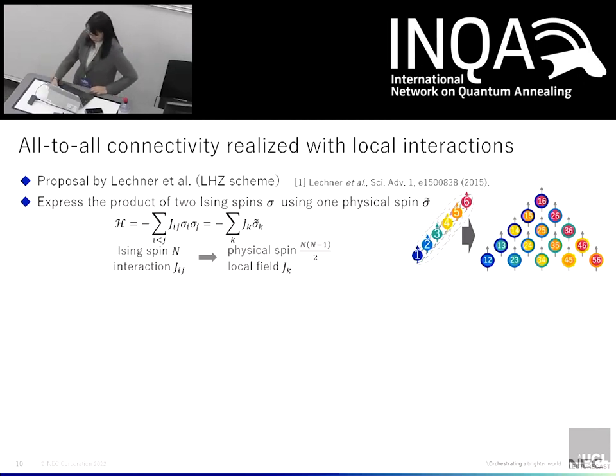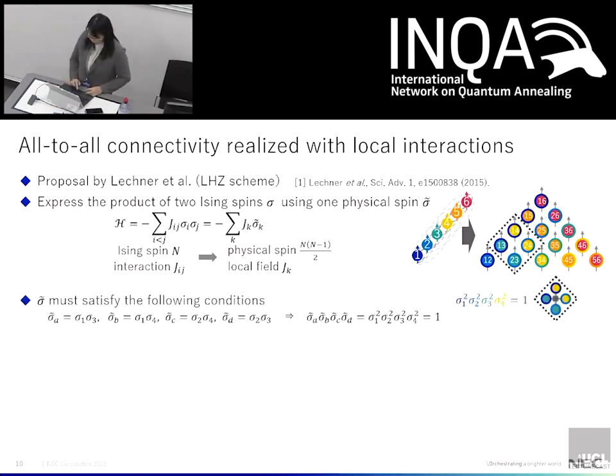Because of the increased number of spins, new constraints will be required. For example, looking at these four spins, they represent the product of 1-3, 1-4, 2-4, and 2-3 respectively. If the original spin value is minus 1 or plus 1, the product of these four spins must be plus 1.